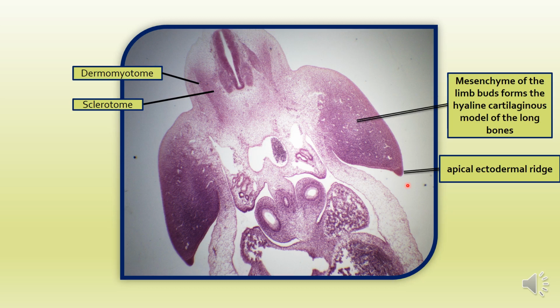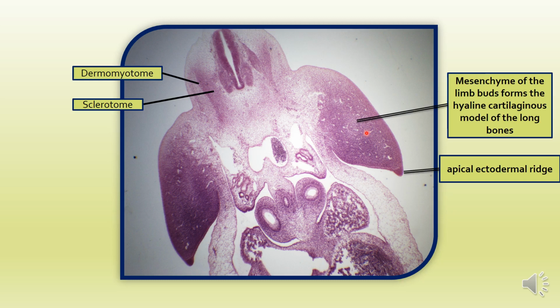At the tip of the limb bud you can see a thickening of the ectoderm called the apical ectodermal ridge. The apical ectodermal ridge induces the elongation and formation of the limb bud.